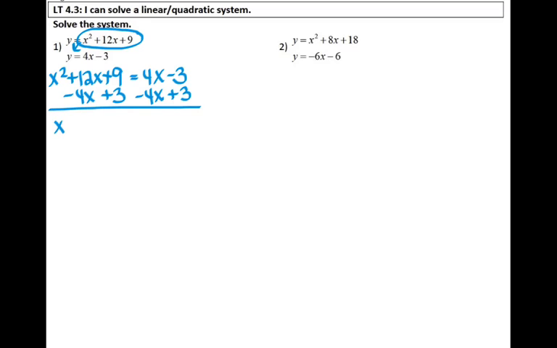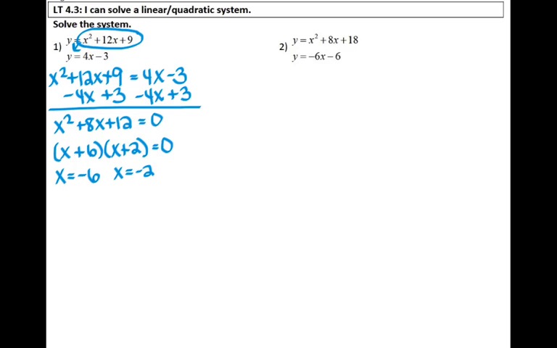So that leaves me with x squared plus 8x plus 12 equals 0. So two numbers that multiply to 12 and add to 8 are 6 and 2. So I'm going to factor it, so that's x plus 6 and x plus 2 equals 0. So that means my first solution for x is -6, and my second solution for x is -2.